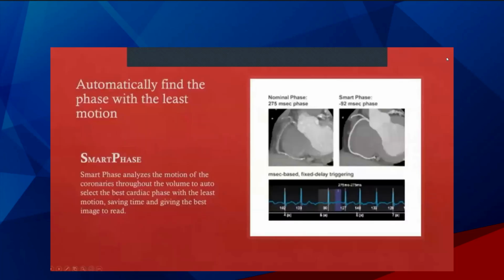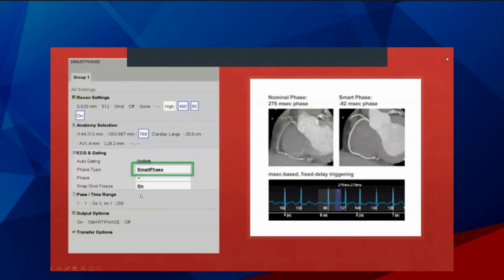The SmartPhase tool analyzes the motion of the coronary arteries through the acquired volume and automatically selects the best cardiac phase with the least expected motion. In general, it does a very reasonable job at choosing the best phase, but you still have to check it. On the scanner console, this is the section where we would choose the SmartPhase option.